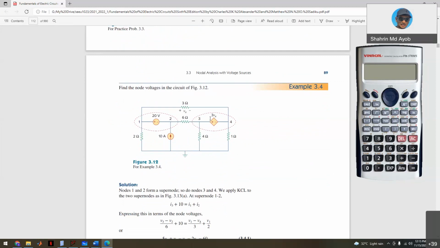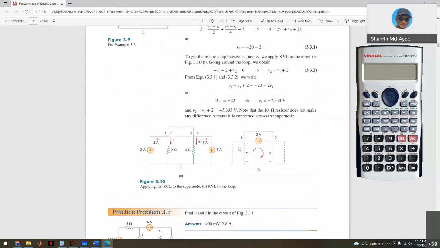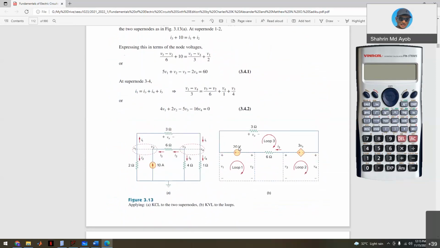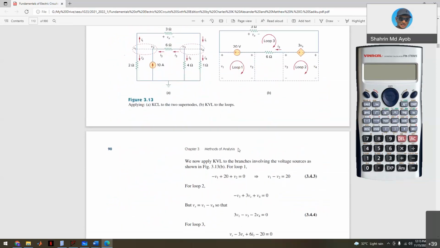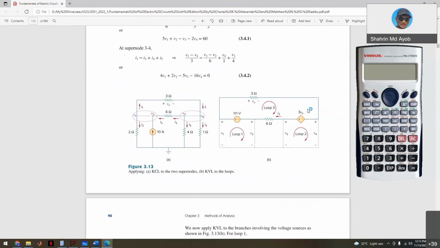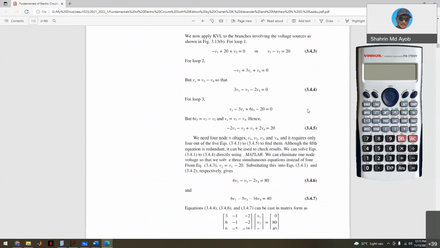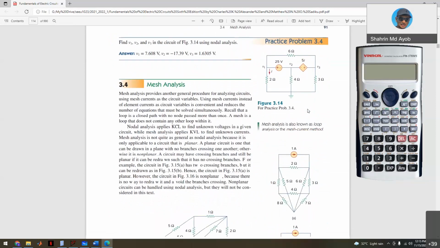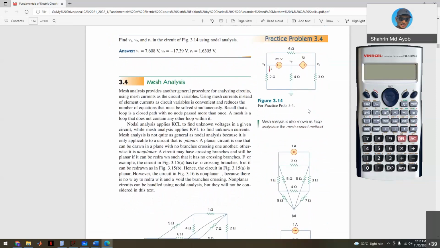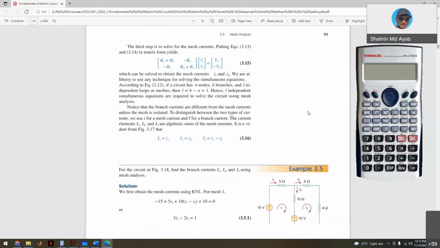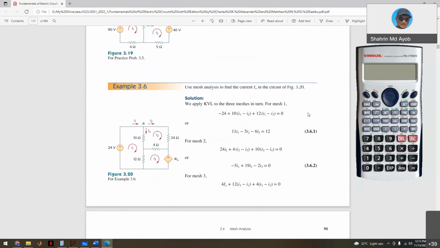So this is what we call a dependent source. But for your course, we didn't introduce this dependent source. We only concentrate on the independent source. Some of the examples and solutions include the dependent source, so you need to exclude them. Don't do those. Just choose the questions that are related to our syllabus. Okay.